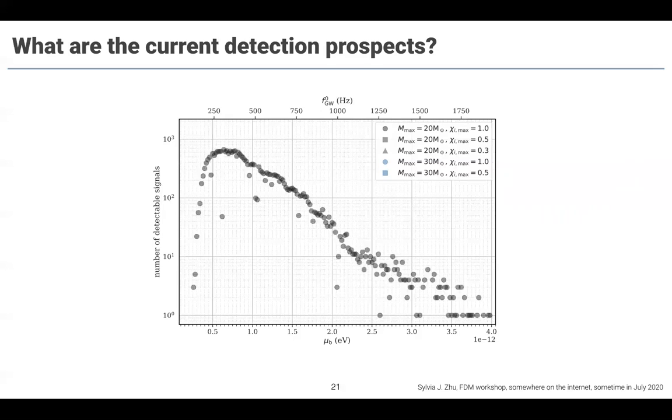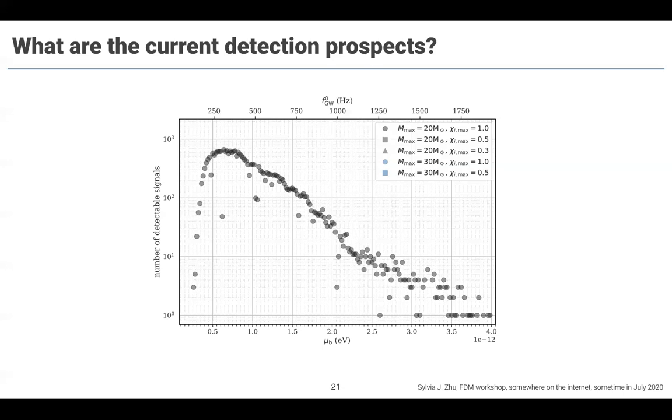And if you look at what we call our nominal distribution, where the maximum black hole mass is 20 solar masses, so this is relatively conservative, and the maximum spin is 1, so this is relatively optimistic, you can see that there is a range of boson masses going up to around, let's say, 2 times 10 to the negative 12 eV, where, using our black hole population, you would expect to see at least tens, if not hundreds, of signals in your all sky searches for continuous gravitational waves.